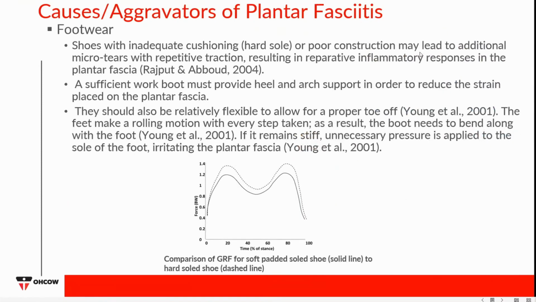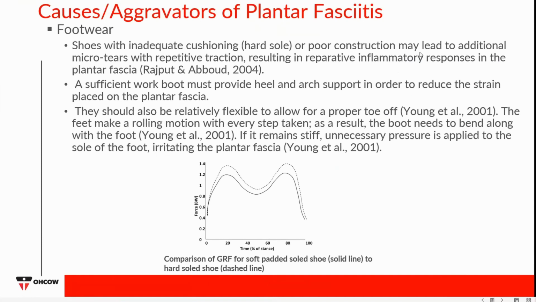Now, another factor is footwear. Shoes with inadequate cushioning, such as a hard sole or poor design, may lead to additional micro tears with repetitive traction, resulting in an inflammatory response of the plantar fascia. A sufficient work boot, for example, must provide both heel and arch support in order to reduce the strain placed upon the plantar fascia.